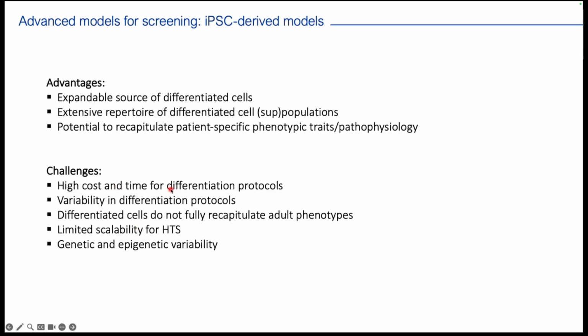The other one is the availability of the differentiation protocols and the efficiency of these differentiation protocols. The other one is more conceptual: how far do these cells recapitulate the adult phenotypes? But again, most of the problems are in this scalability.